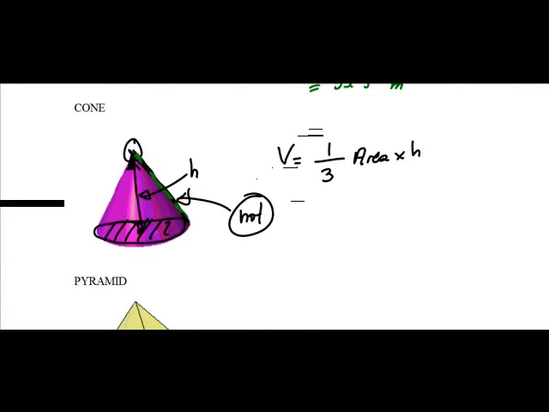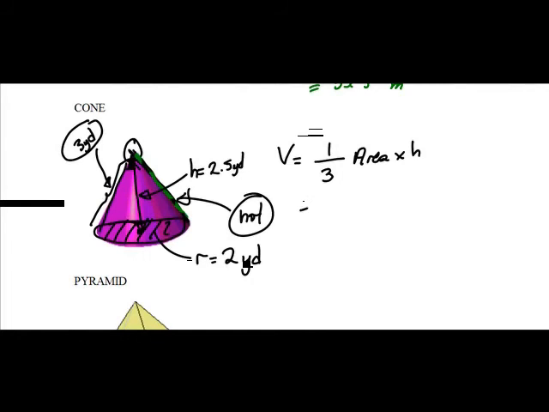So let's assume they are giving me the r, and that's 2 yards. And the side of this length is 3 yards. That is not the height you're going to take. You need the inside height. And let's say they are giving you that as 2.5 yards. So the volume is going to be 1/3 area of the base, which is pi r squared, and r is 2, times the height, the vertical height, which is 2.5.